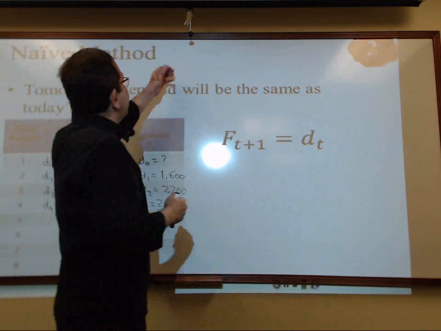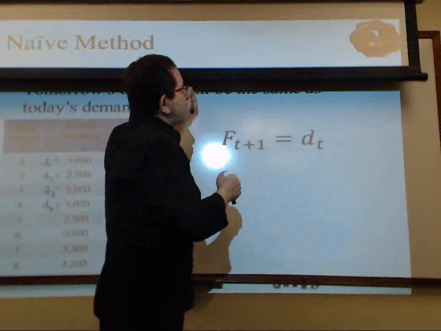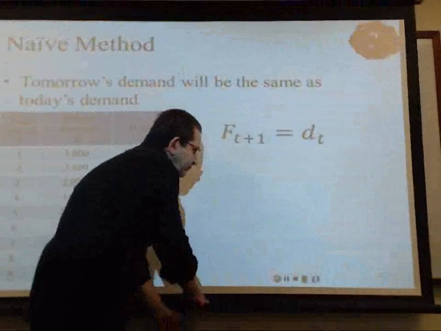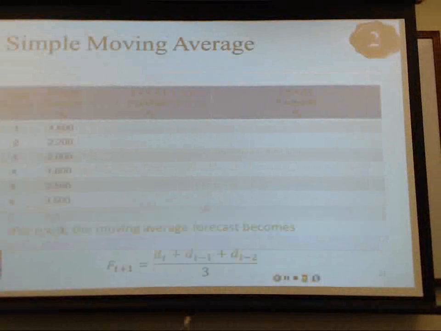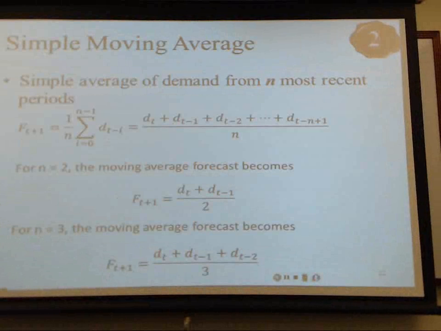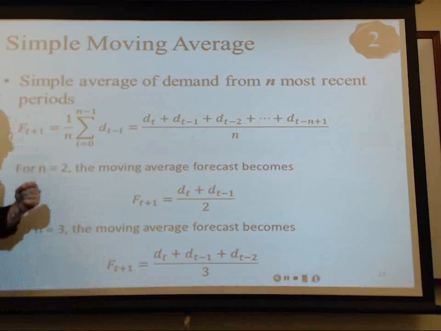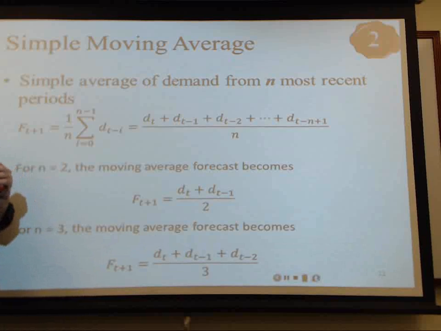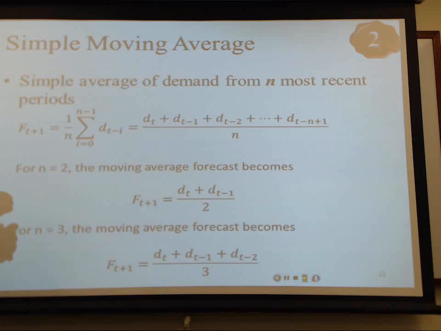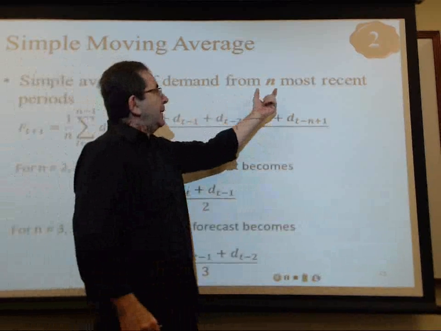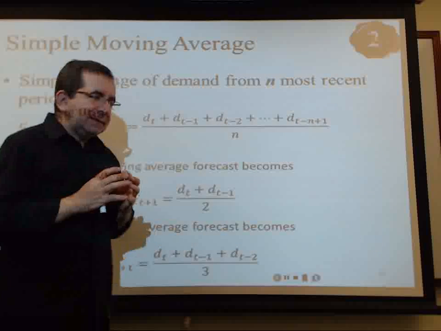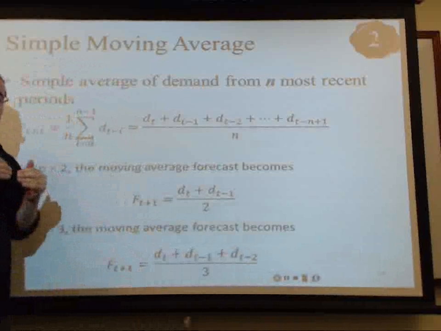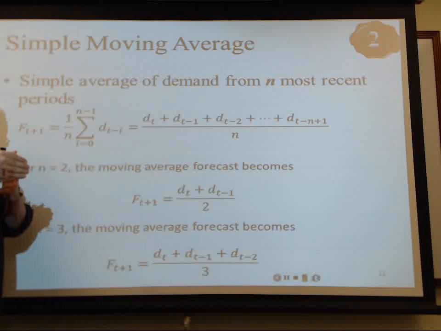A second method that is very useful is simple moving average. Okay, so what is the idea behind simple moving average? The idea is simple. First of all, you select n. Okay, n tells you how many periods you will use.